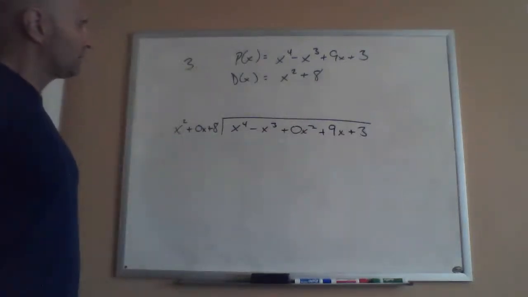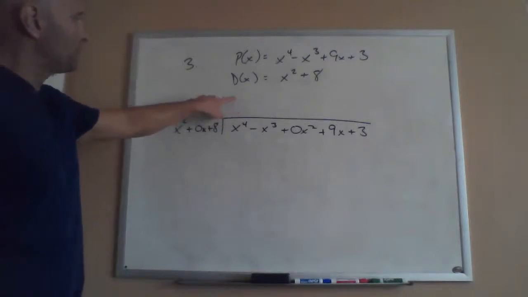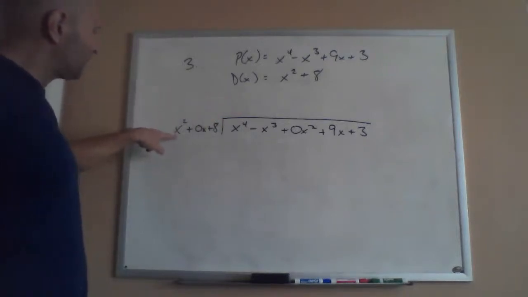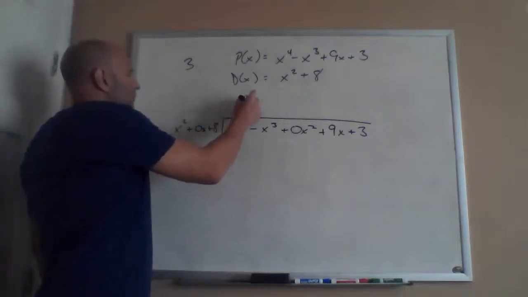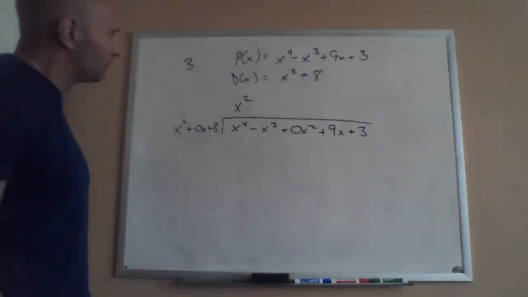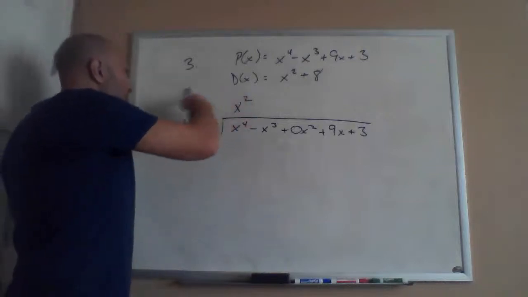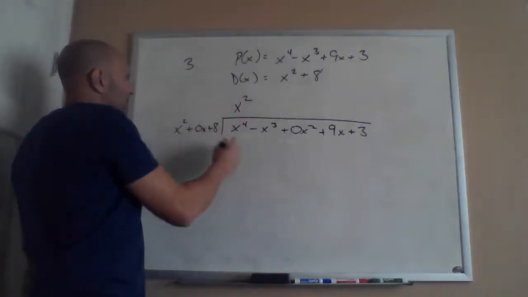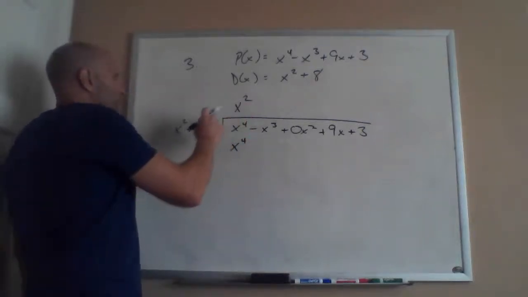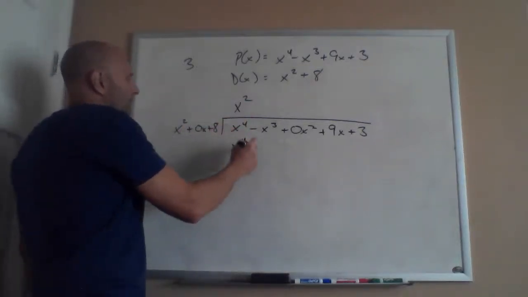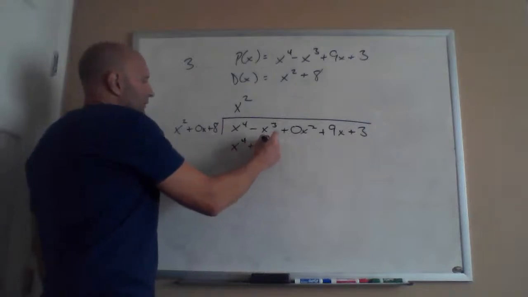So now it's a matter of the long division. What do I have to put up here? When I multiply it by x squared, I get this same value, x to the 4th. Well, it's going to be another x squared term. So multiply this around. X squared times x squared is x to the 4th. X squared times 0x is 0x to the 3rd.